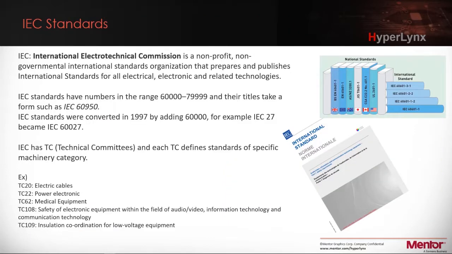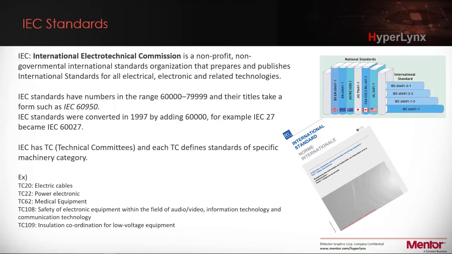The International Electrotechnical Commission, or IEC, is a non-profit, non-governmental international standards organization, and they're defining the electrical standards for safety, creepage, and clearance. They have standard numbers that range from 60,000 to 80,000, and these numbers indicate a title for a different area of electronics.